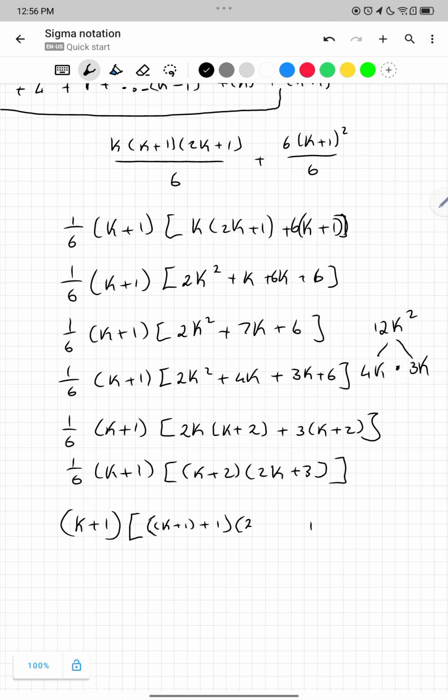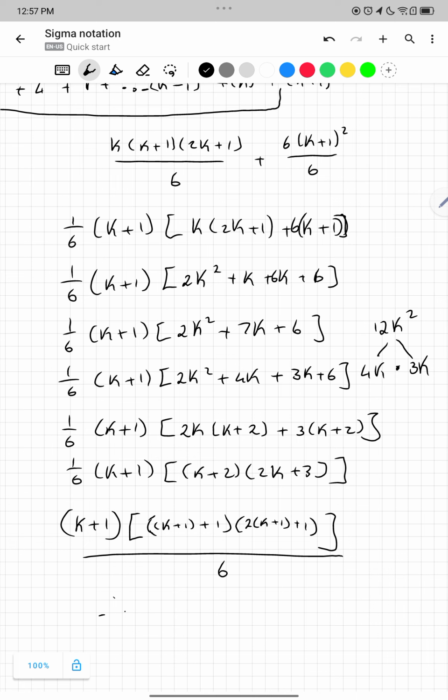We're going to have 2(k plus 1) plus 1. This is all over 6.